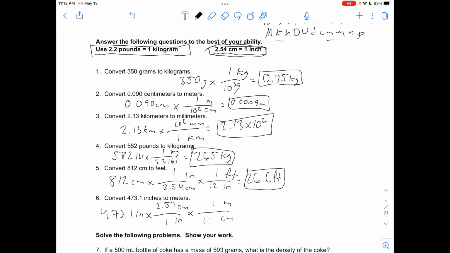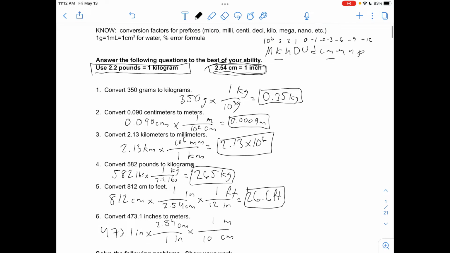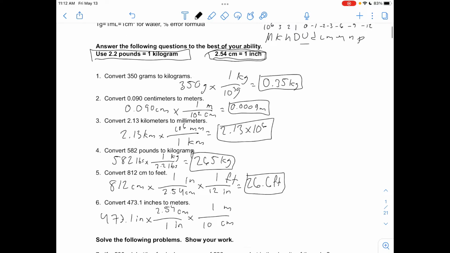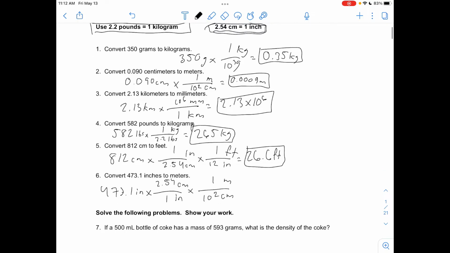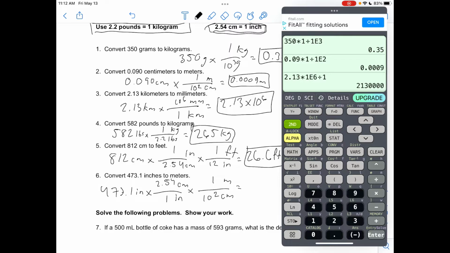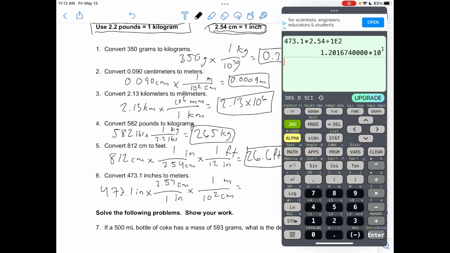Meter is bigger, and between meter, which is a base unit, and centi, it's 10 to the 2. So 473.1 times 2.54 divided by 1E2, which should be 12.0.